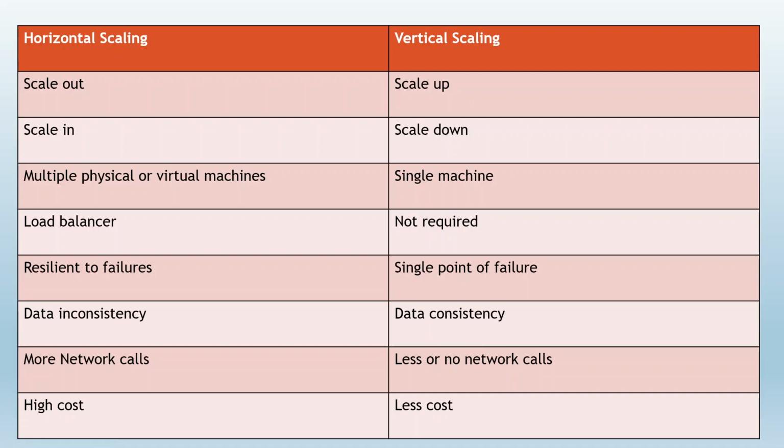On cost, buying more and more servers will always be high cost, right? In vertical scaling, the cost is very low compared to horizontal scaling, as we have to maintain only one server with high capacity.